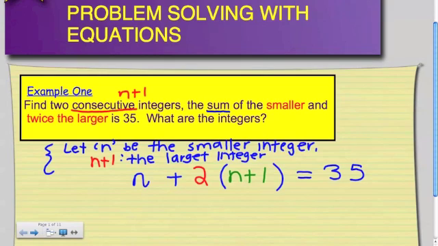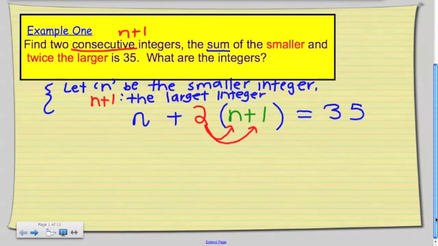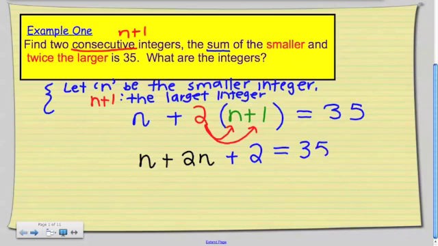So what property do we have to exhibit here to solve this equation? What property are we going to use? Yes, the distributive property. So we're going to take the 2 and distribute it to the n plus 1. So that will give us n plus 2n plus 2 times 1 is 2 is equal to 35.